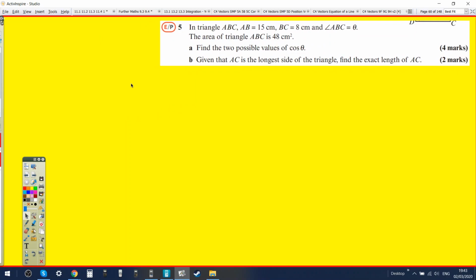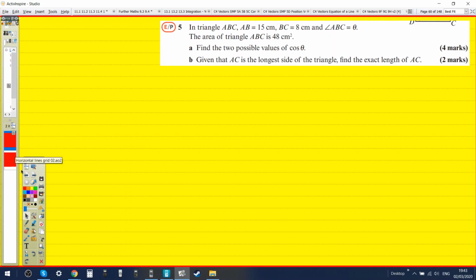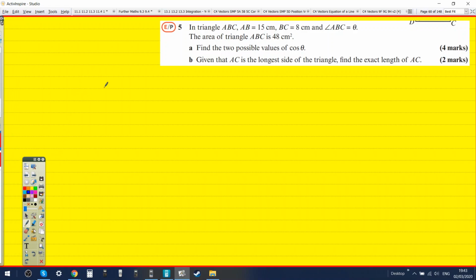How would you go about this one? So yeah, you just label it.